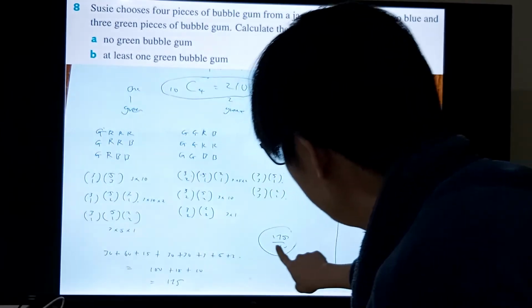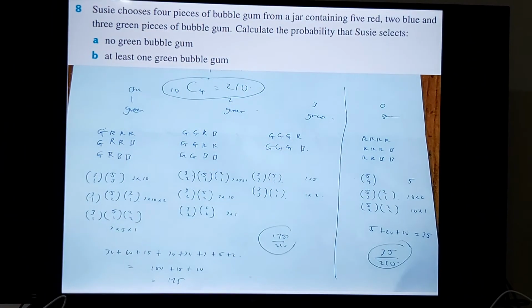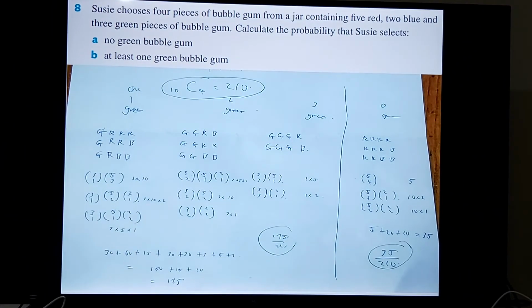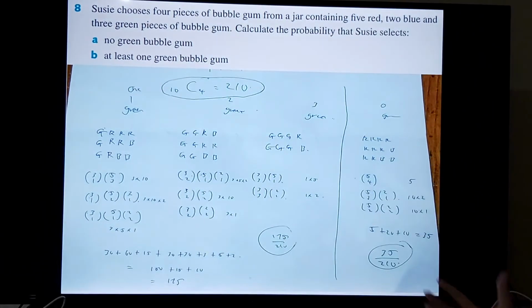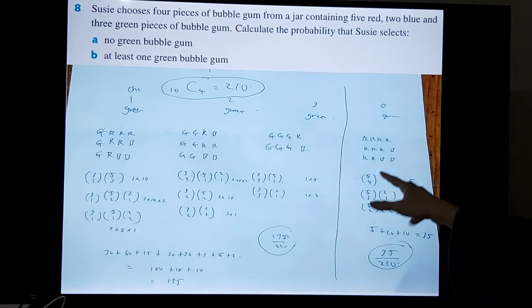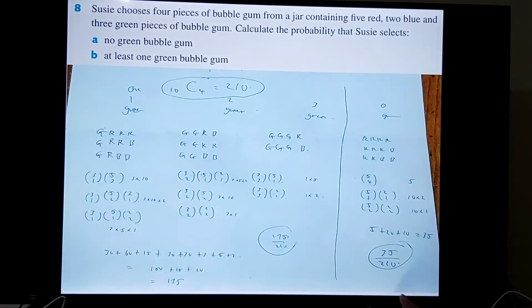So 175 divided by 210 is 5/6. Now you realize that in total, 175 plus 35 is 210, which is the total number of possibilities. So when you combine these 2 events together, it will be exactly 100%.